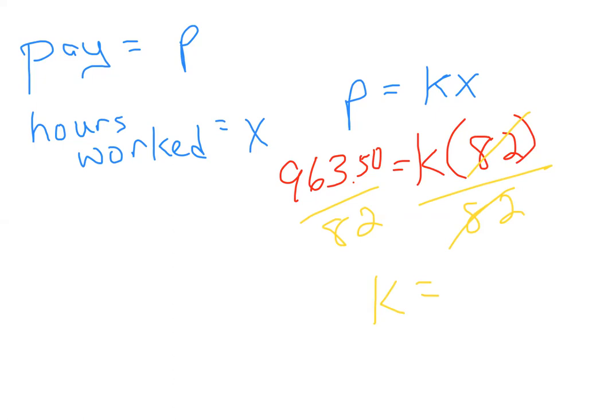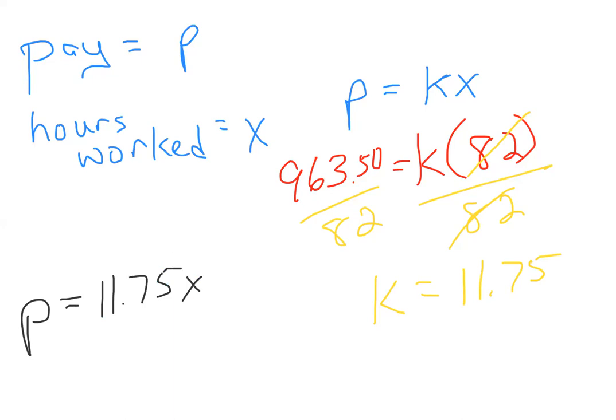And we get constant 11.75. Well, guess what? 11.75 is how much it makes. So to state the actual equation, it's P equals 11.75x.